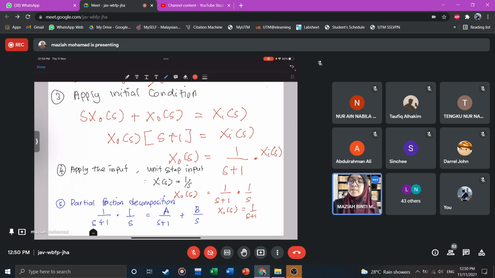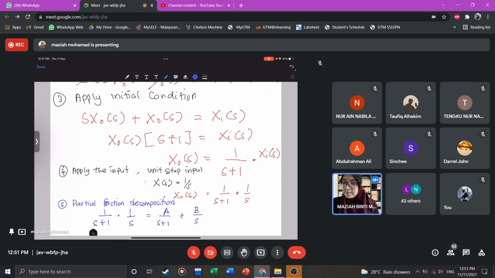Buat partial fraction je. So if I use partial fraction, remainder theorem, you're going to have A over s plus 1 equal to 1 over s plus 1 multiply 1 over s, with s equal to minus 1.